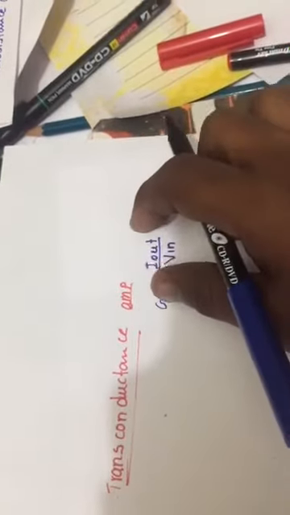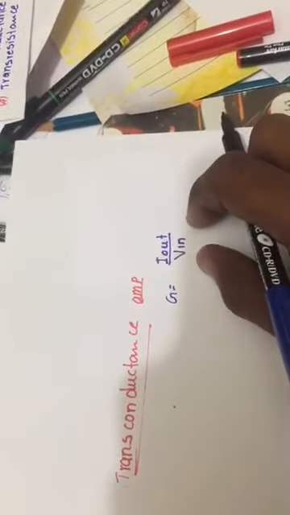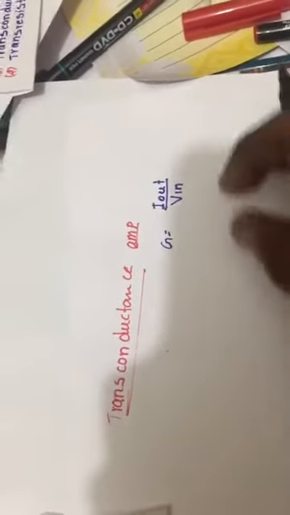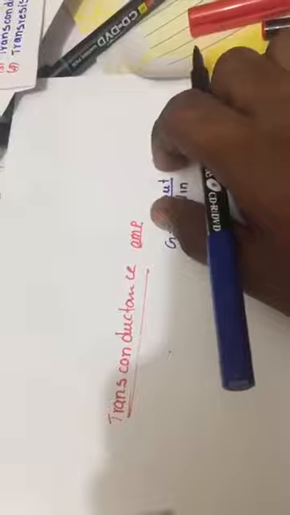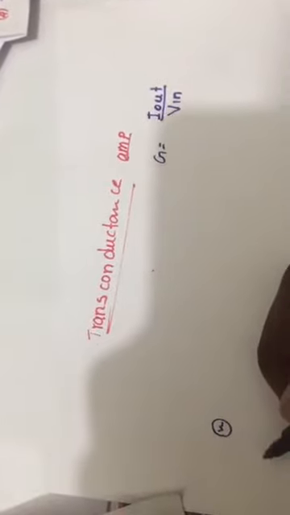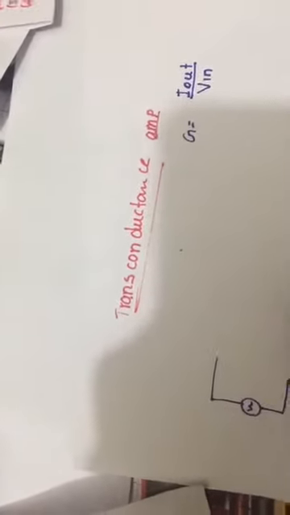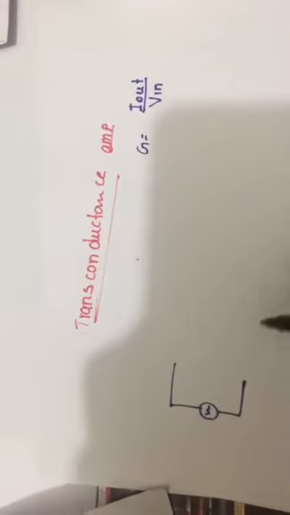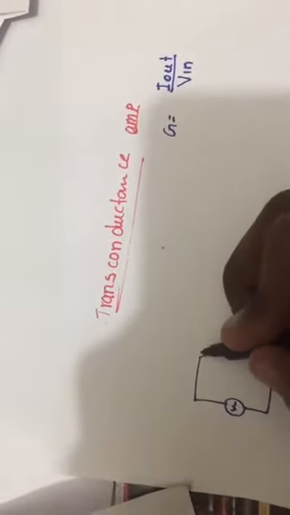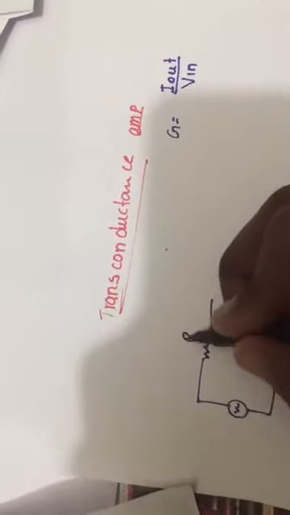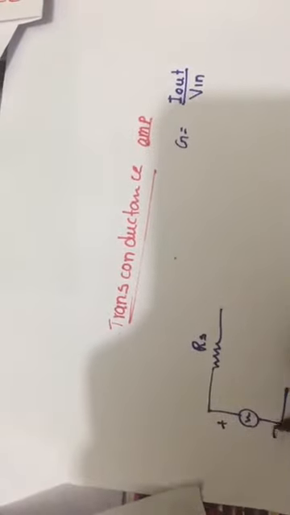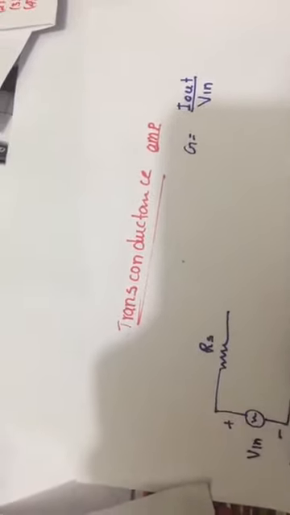It is equal to I output by voltage input. It means that when you are drawing your circuit, your input should be voltage and your output should be current. Then how can we draw it? This will be our voltage sign, and suppose this will be our RS. This will be positive, this will be negative, and this will be the voltage input.